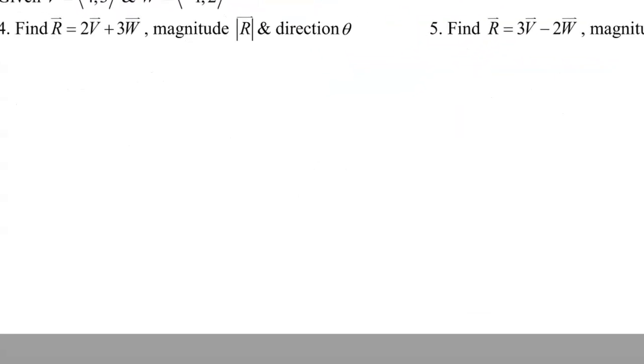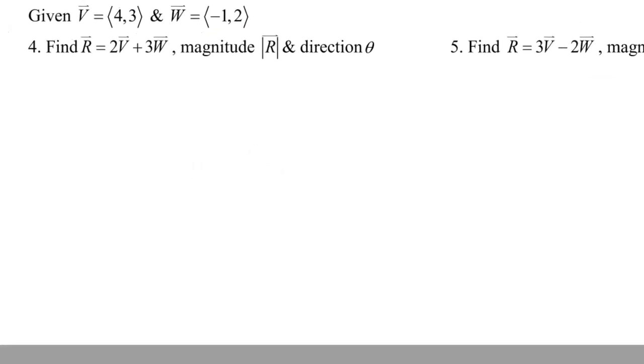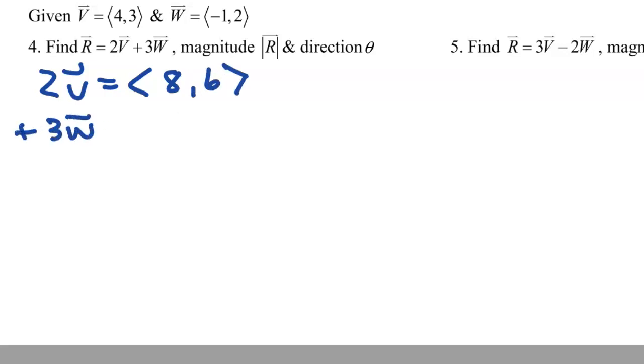I'm going to give myself some room. So 2v is equal to 8, 6, plus 3w, which is equal to -3, 6.